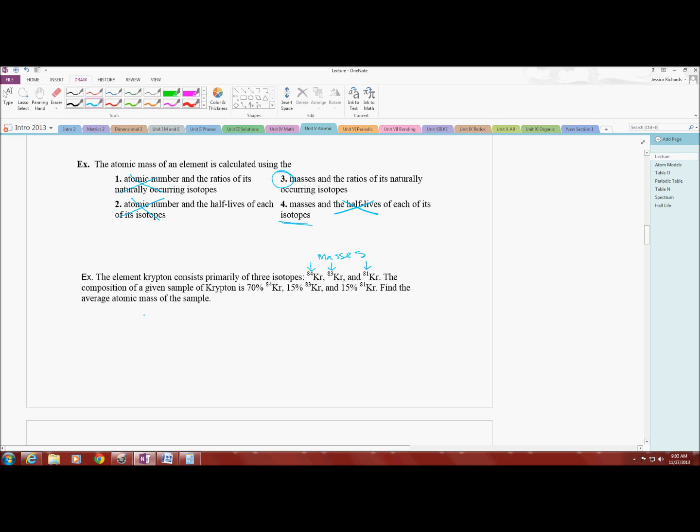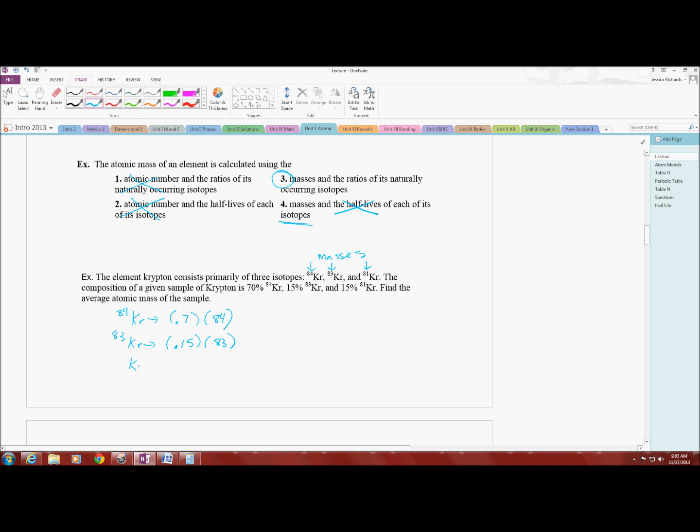Sometimes they'll ask you to just set up the numerical setup. We're actually going to solve for it. So what I would do is say, well, krypton 84, 70%, so 0.7, has a mass of 84. And for krypton 83, 15%, or 0.15, has a mass of 83.